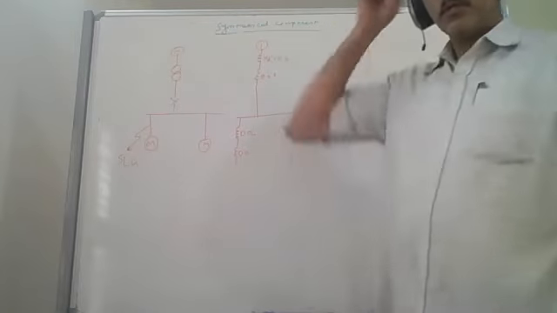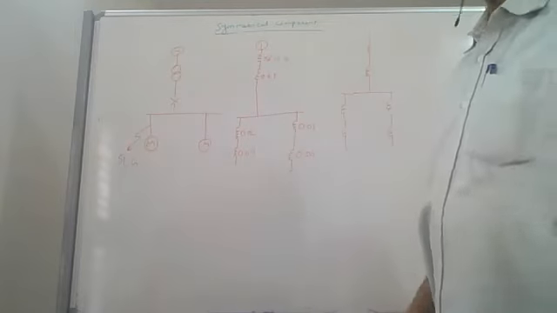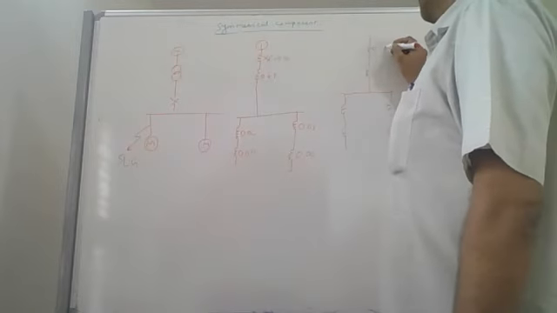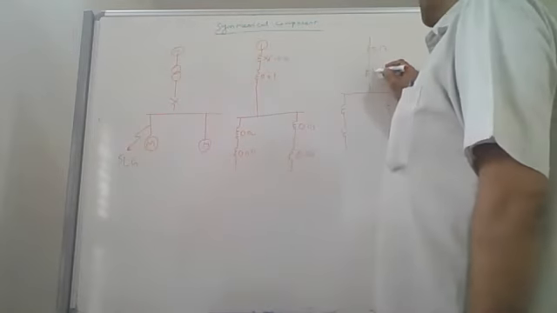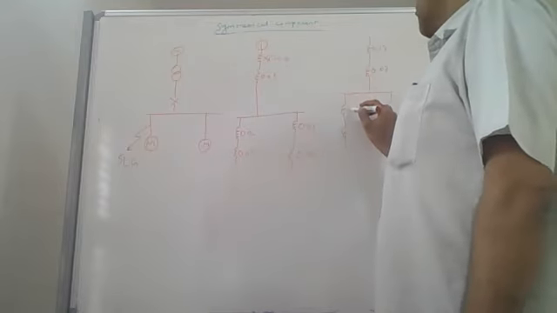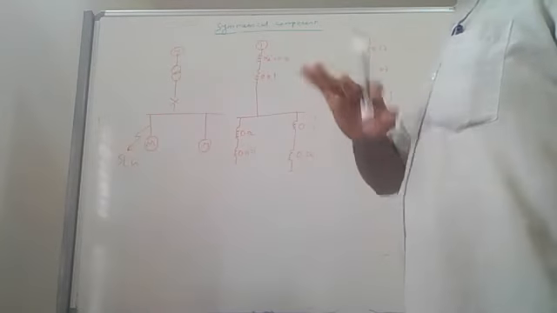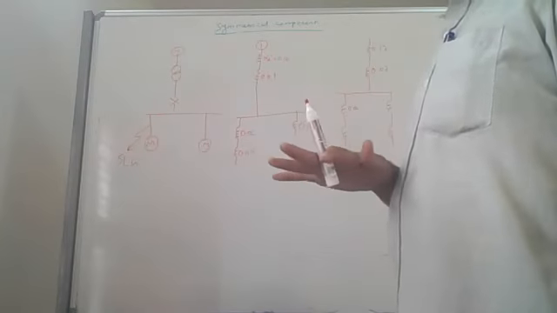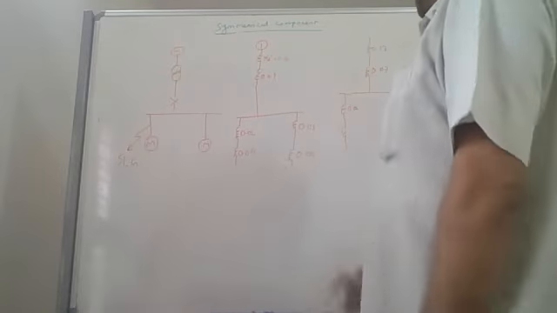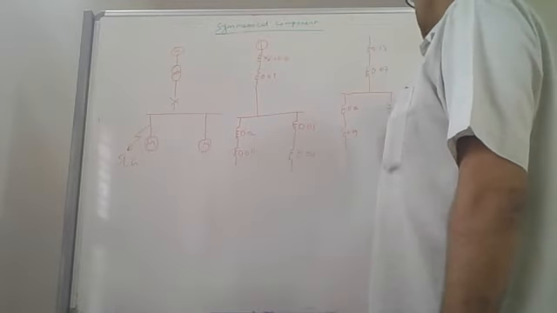I told you, what is the actual value of the negative sequence impedance? Either you get the actual value or you make an assumption. Let's say the actual value here is 0.17, and for the transformer, normally positive and negative are equal. For the cable also, positive and negative will be the same. For a cable and transmission line, whether current RYB flows or RBY flows, the impedance offered by that cable will not vary. Now for the motor, there will be a slight difference, but that can be neglected.